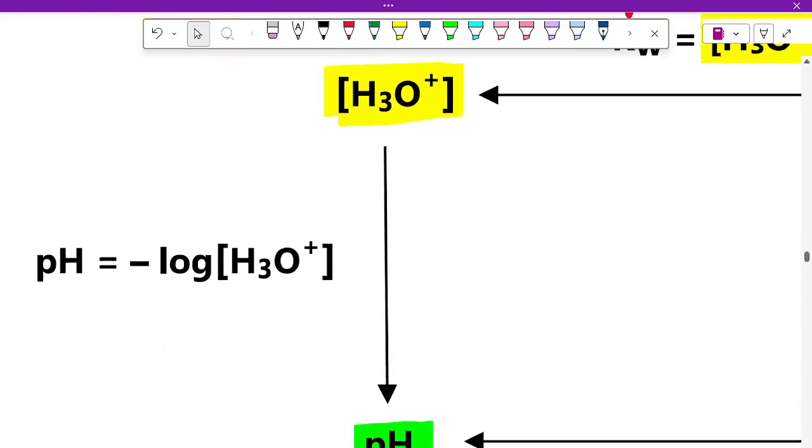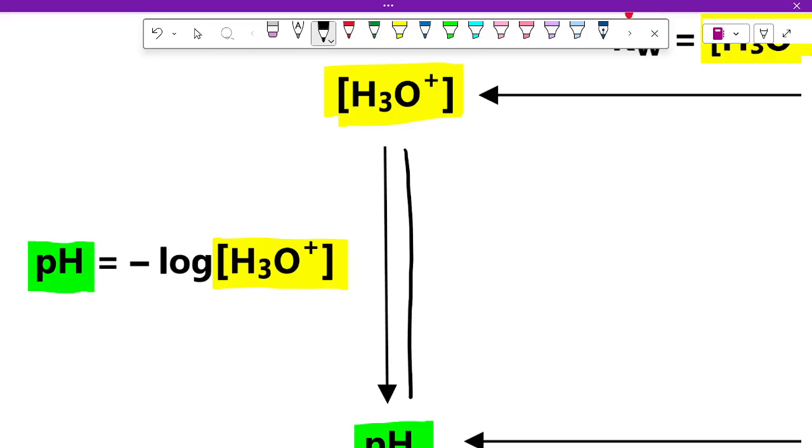Now we're going to go up and down. If we want to go from hydrogen or hydronium to pH, pH is equal to the negative log of hydronium, or hydrogen. How do we go the other way? How do we go up? Magic. If we want to find the concentration of hydronium, it is 10 to the power of negative pH.